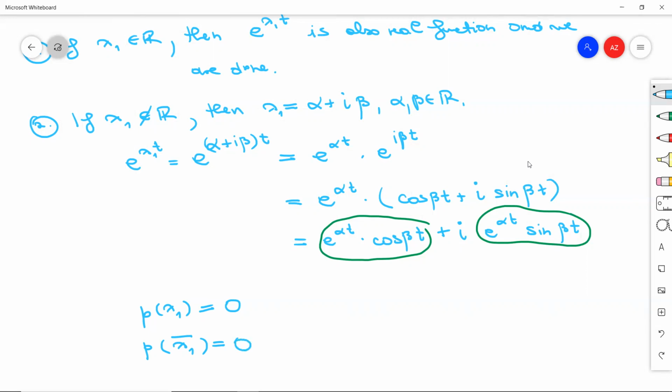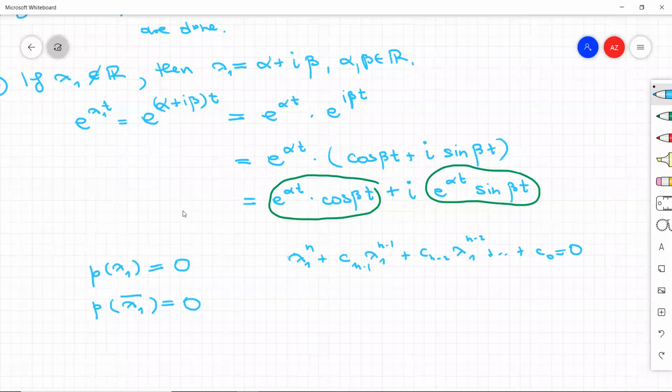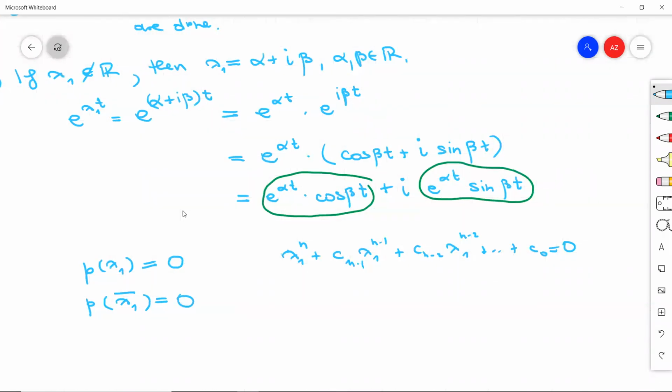So we have our polynomial, let's say lambda 1 to n plus some coefficient c1 lambda 1 to n minus 1 plus coefficient c2 lambda 1 to n minus 2 and so on. How do I argue that lambda 1 conjugated also solves this equation? What can I do here from this equation?